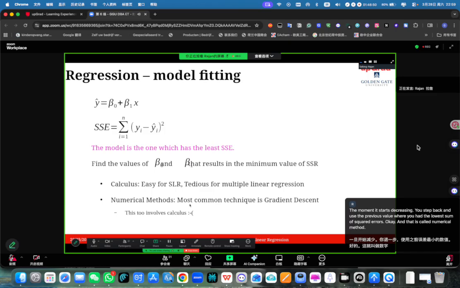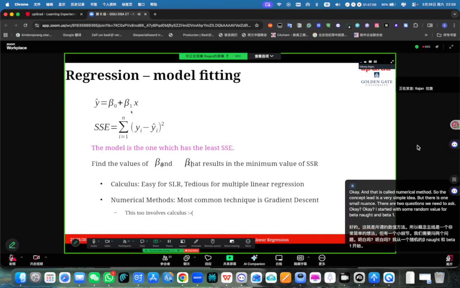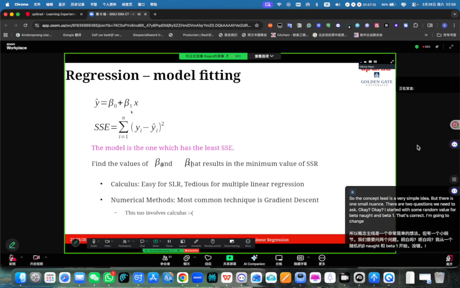Conceptually, this is a very simple idea. But there is one small nuance. There are two questions we need to ask. I started with some random value for beta naught and beta 1, and I'm going to change those values. How much should I change them by?